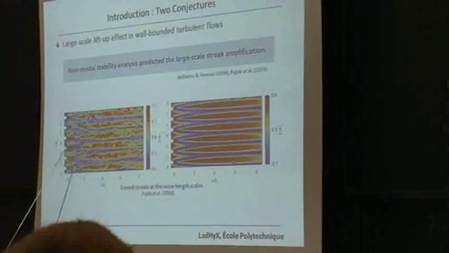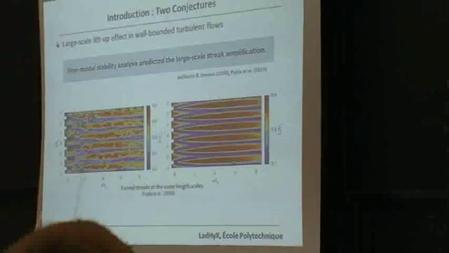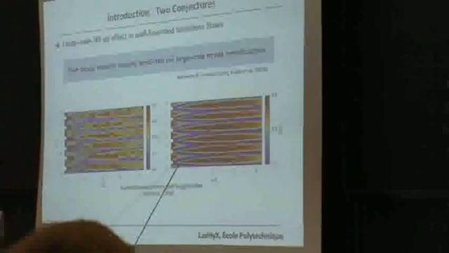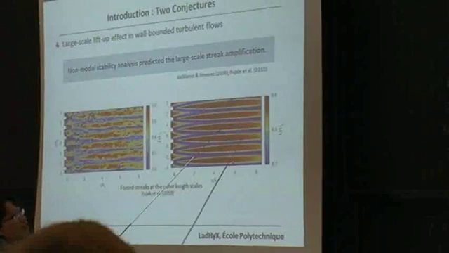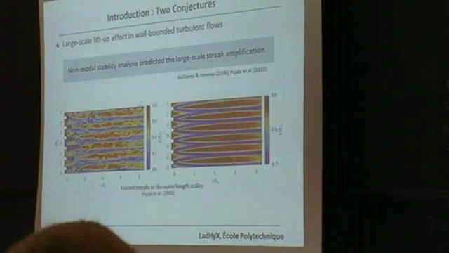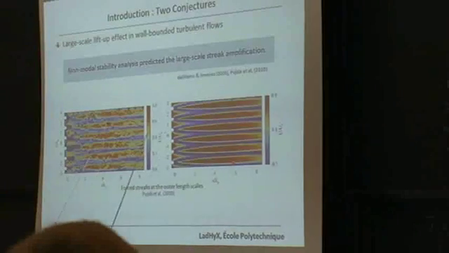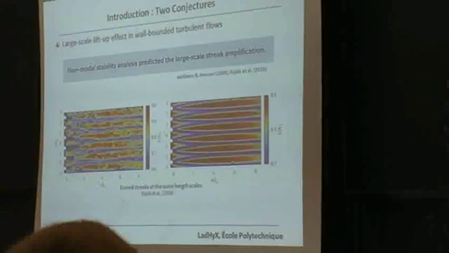Then you see a streaky motion converted from the streamwise vortices, and when you do the time average, you can clearly see well-defined streaky motions here. Therefore, we confirm that the lift-up effect indeed exists in the real turbulent boundary layer.